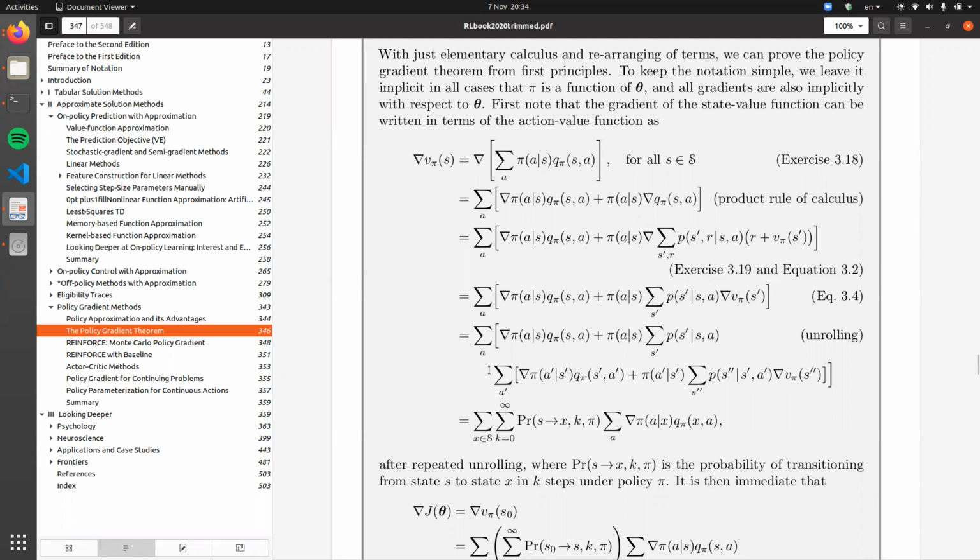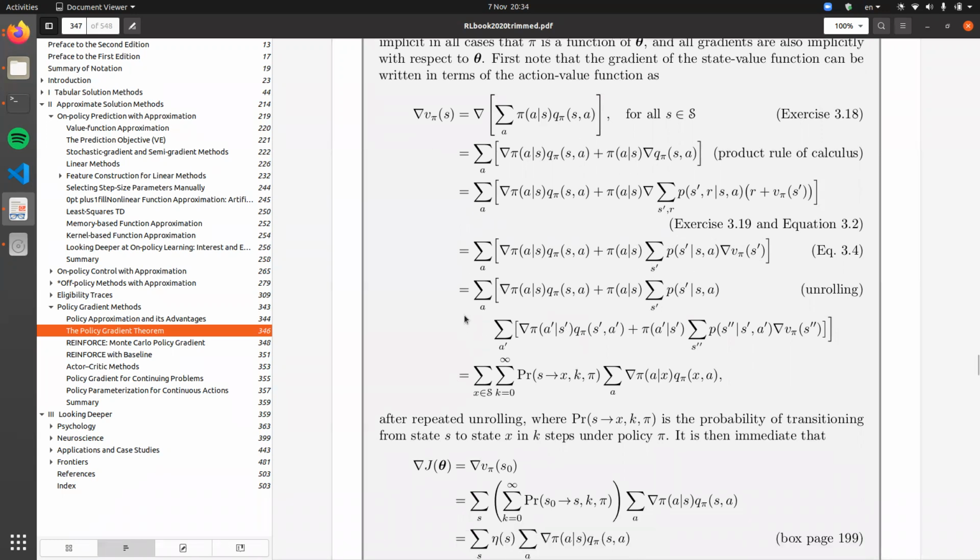And then we can again unroll this expression in terms of the future actions and so on. So basically you can see how this unrolling continues. And finally, we come to writing this out as a sum over all the states, over steps from 0 to infinity.